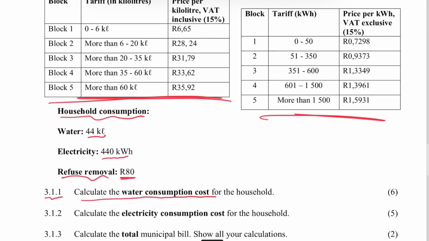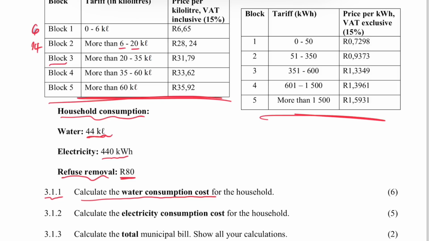So, guys, this is what we do. We have 44 there. You have to look at your table first. In your table, in block 1, how many kiloliters? From 0 to 6, there will be 6 that will fit there. And then it says 6 to 20. From 6 to 20 is 14.